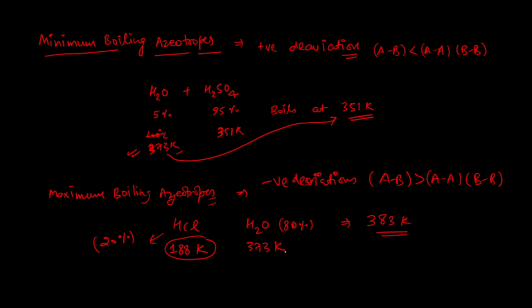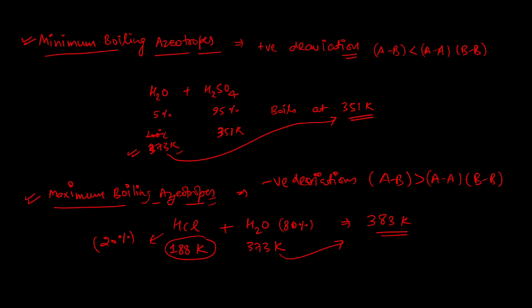Can you imagine this? Even water's boiling point increases by 10 Kelvin. This is called maximum boiling. After mixing, they form good bonding or good interaction, so their boiling point increases. You have to boil them to an even greater extent. That is why they are called maximum boiling azeotrope and minimum boiling azeotrope.